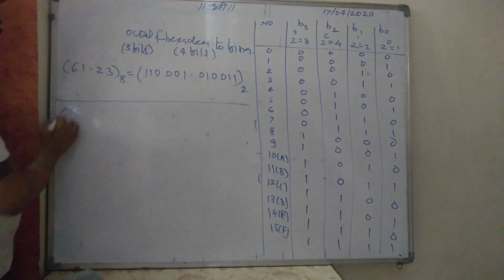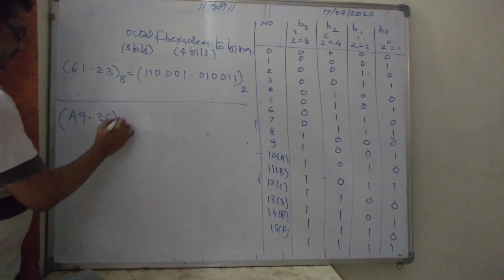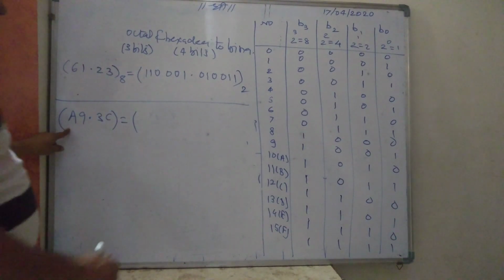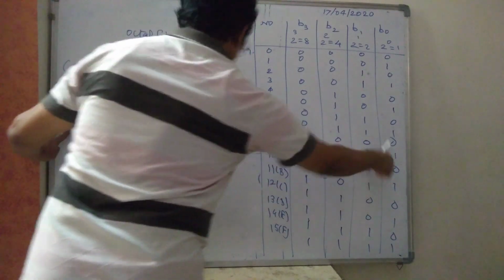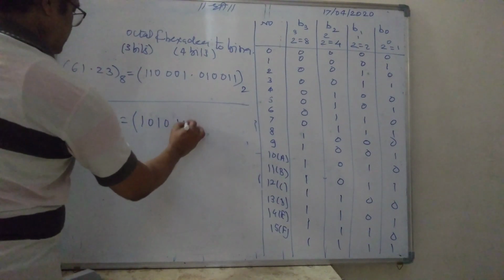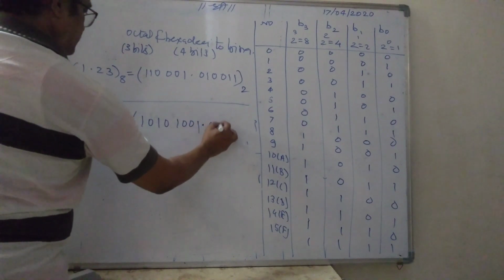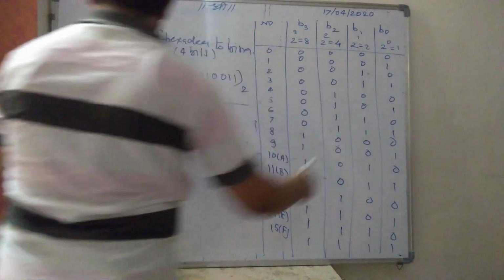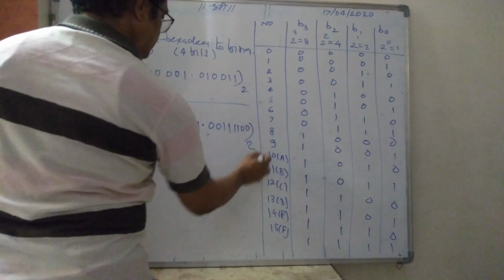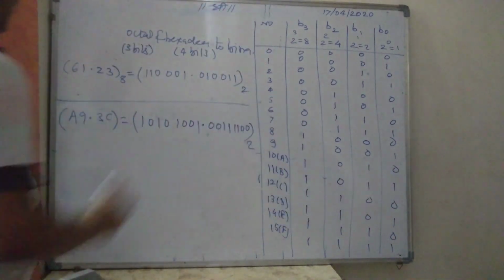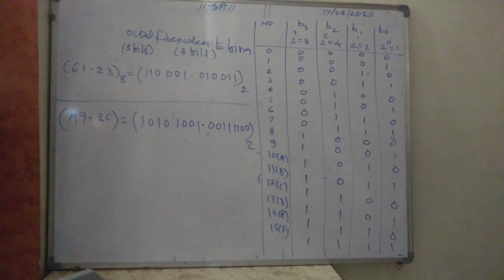So I am taking one hexadecimal number A9.3C. A is 10, 1 0 1 0. 9 is 1 0 0 1. Point 3 is 0 0 1 1. C means 12, 1 1 0 0. So using 4 bits, hexadecimal number is represented, and using 3 bits, octal number is represented.